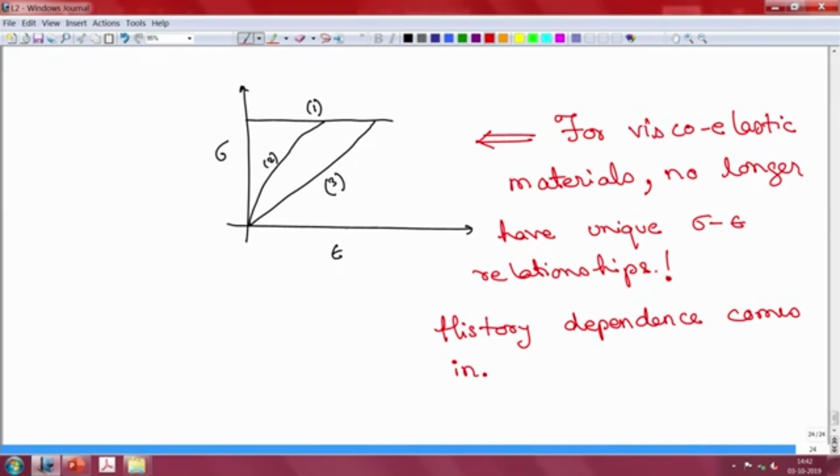And if you remember, in one of the first lectures we were discussing how time becomes an explicit parameter, but for classical viscous fluids and classical elastic solids, though time is an important parameter and that is how you are conducting the experiment, it hides somewhere.